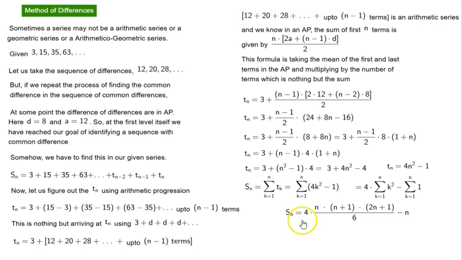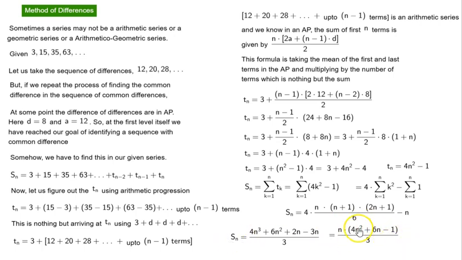So we have S sub n is equal to 4 times n plus 1 times 2n plus 1 by 6 minus the summation of 1, which is n. Now simplifying this, we get 4n cube plus 6n square plus 2n minus 3n divided by 3. Further simplification gives us n times 4n square plus 6n minus 1, because n is common to all of them. So this is the formula for finding the sum of the first n terms in the series.